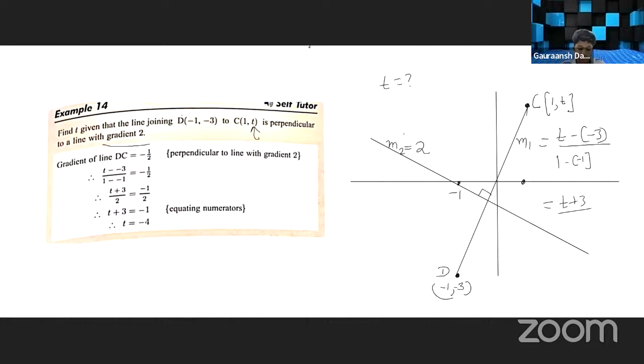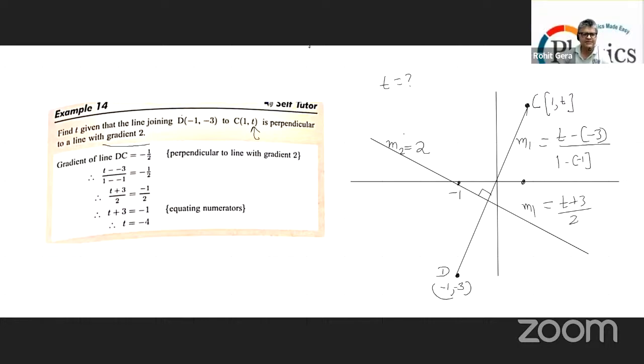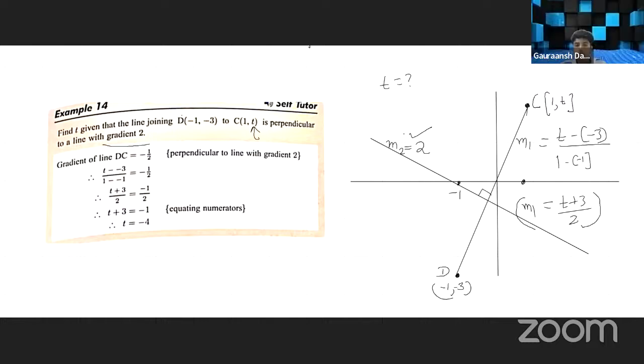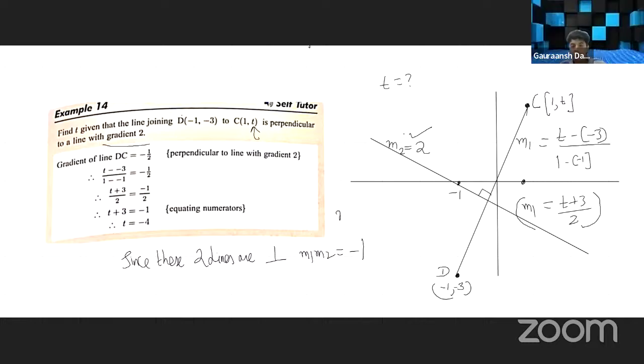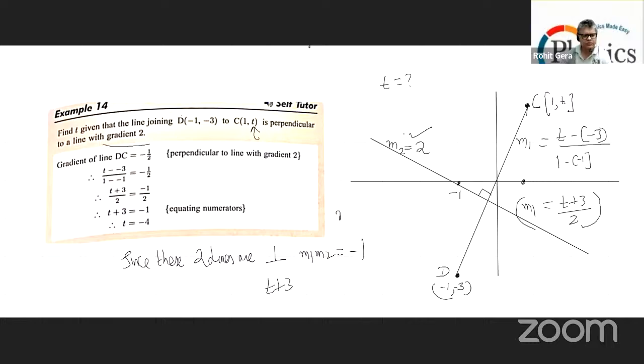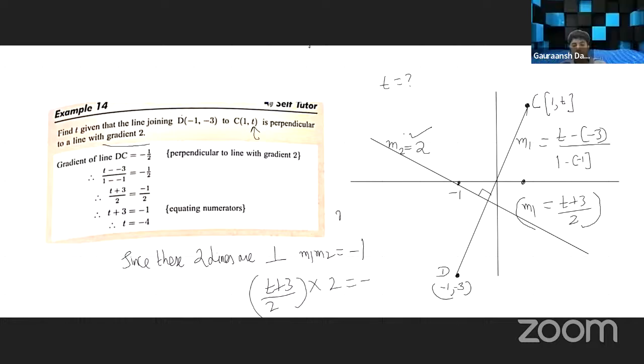If I know 2 lines and I know they're perpendicular, I know their gradients, I know the rule. Since these 2 lines are perpendicular, m1 m2 is equal to minus 1. So (t + 3) divided by 2, multiplied by 2, is equal to minus 1.